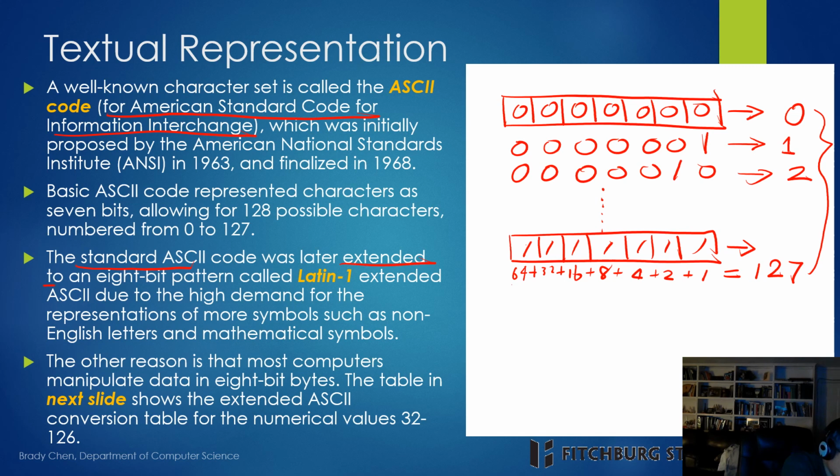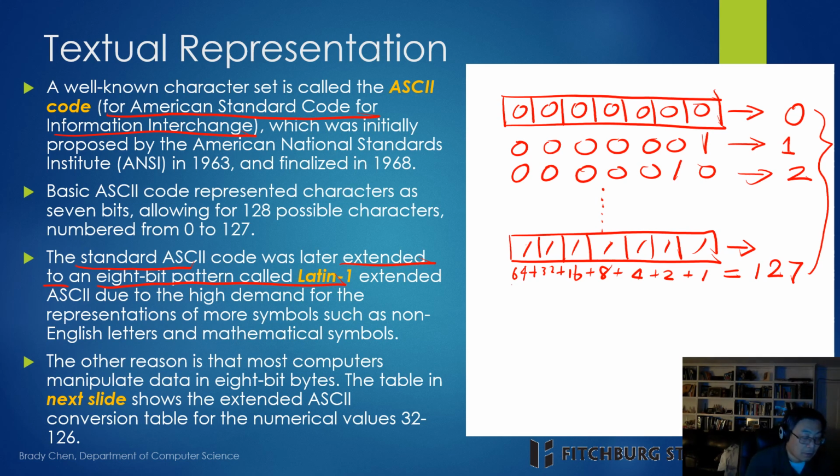The standard ASCII code was later extended to an 8-bit pattern called the Latin 1 extended ASCII. Now, why do we want to do this? Because people want to define a bigger character set, a set that contains more characters.